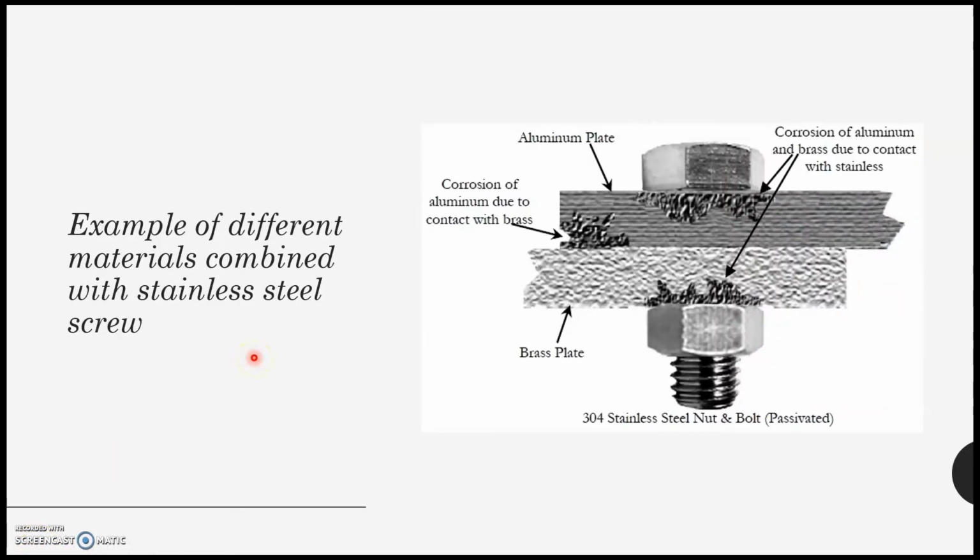Here you see an example of different materials combined with a stainless steel screw and bolt. You see here's an aluminium plate.